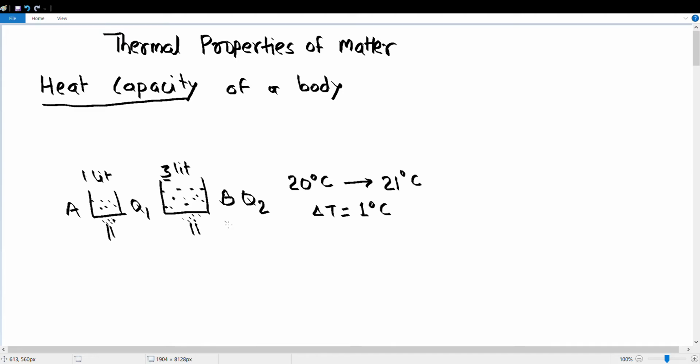Here the heat capacity is different. Heat capacity of both these two bodies is different.